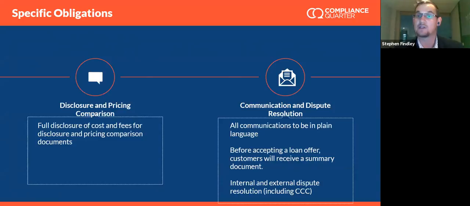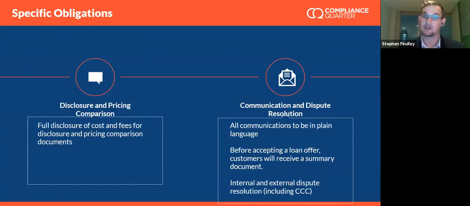There's also requirements around communication and dispute resolution. So all communication is required to be in plain English, plain language. So again, like the Banking Code of Conduct, no information is allowed to be highly technical so that the customer can't understand what's going on.